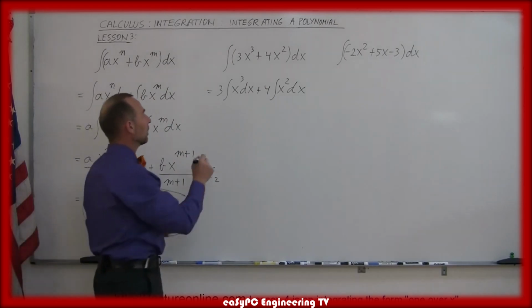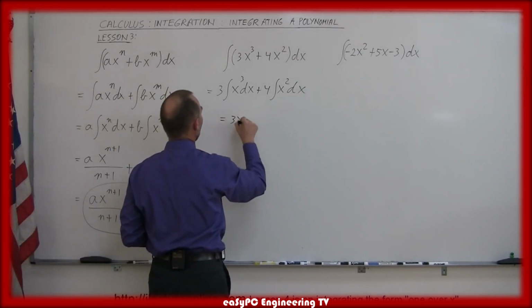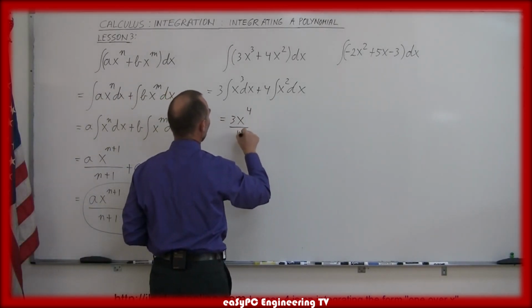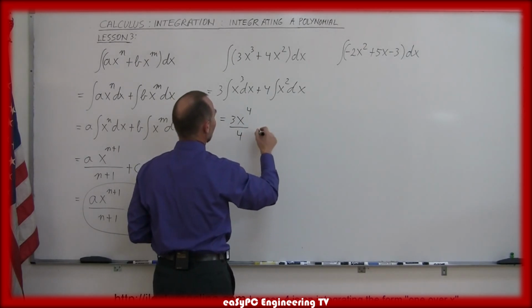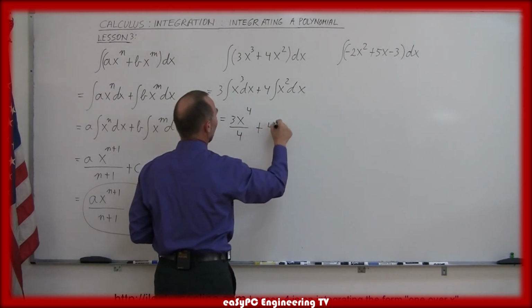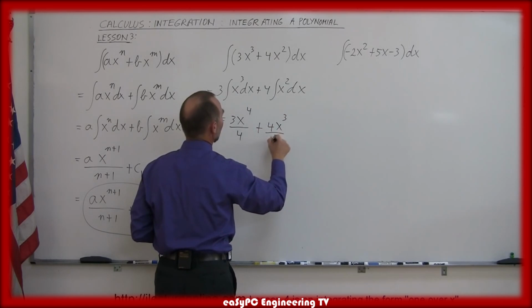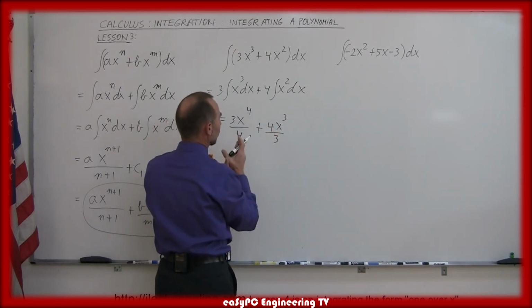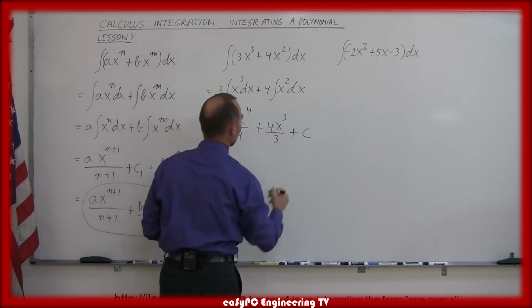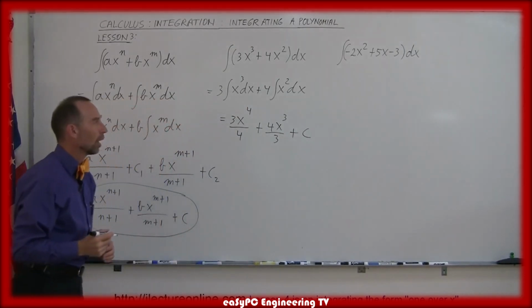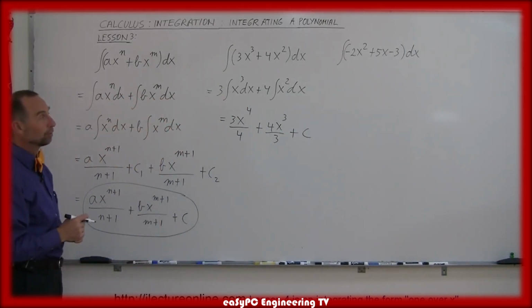Now we can integrate. This is equal to 3x to the fourth power divided by 4 plus the constant of integration, plus 4x cubed over 3 plus the constant of integration. Adding the two constants together, that becomes plus c, and that's the integral of that particular polynomial.